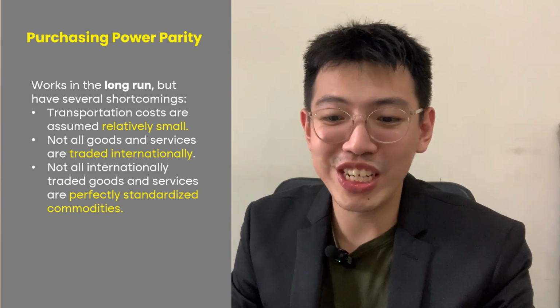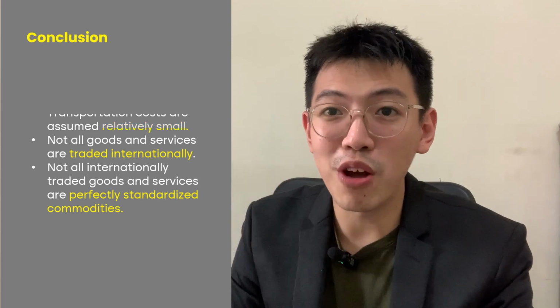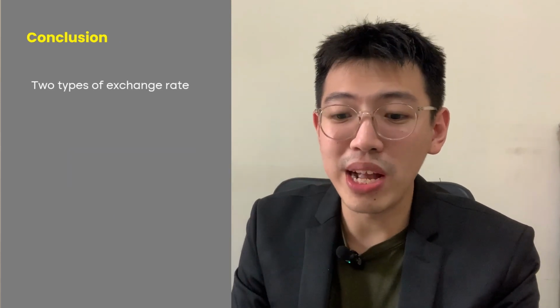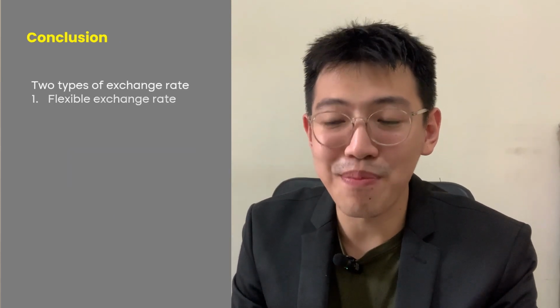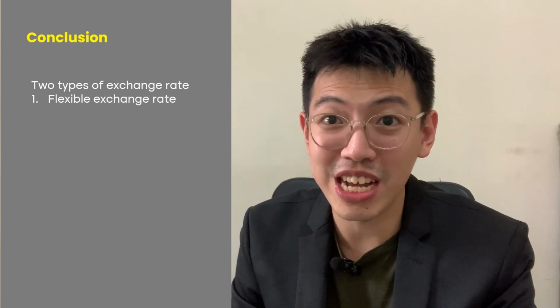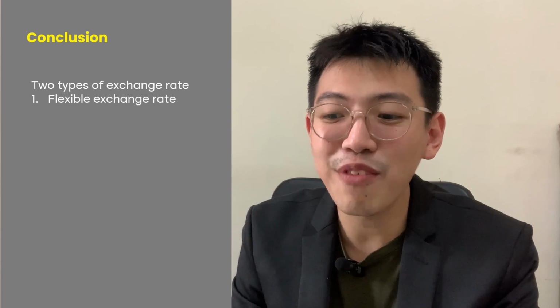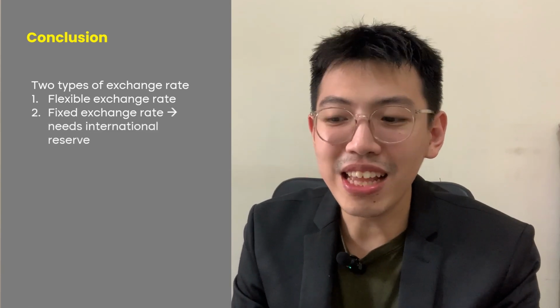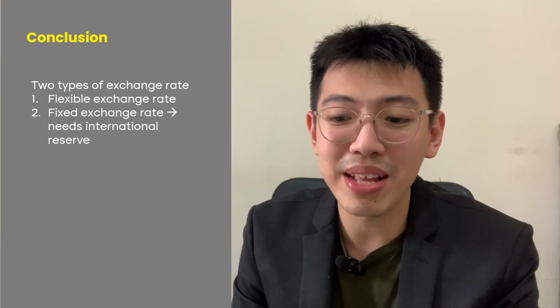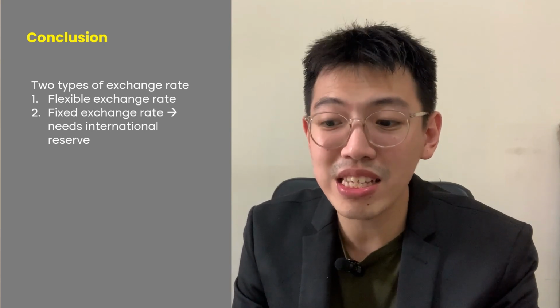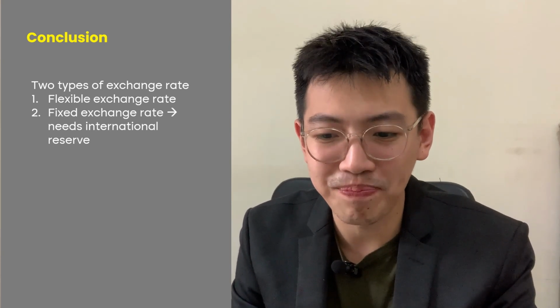So as the conclusion, basically there are two types of exchange rate system. The first one is flexible exchange rate system based on supply and demand of the currency. The second one is fixed exchange rate system. It is set fixed by the government. The country with fixed exchange rate system needs a lot of international reserve to maintain its currency.